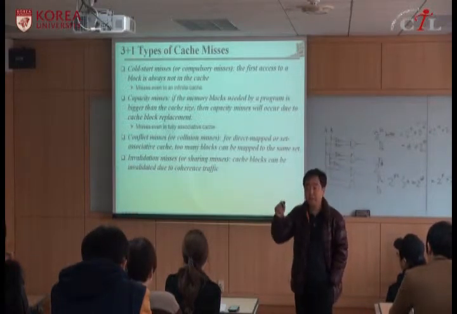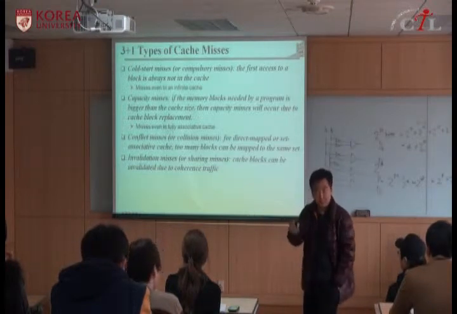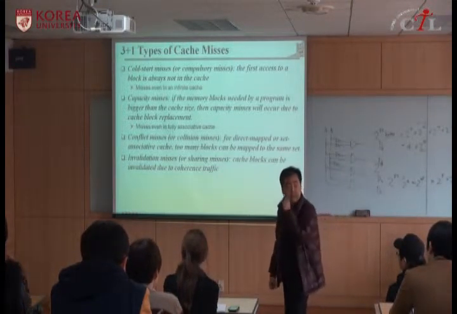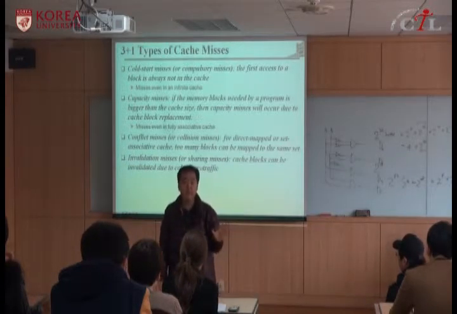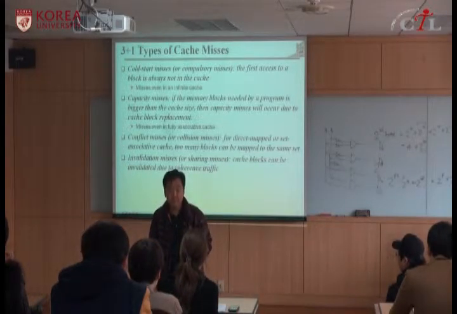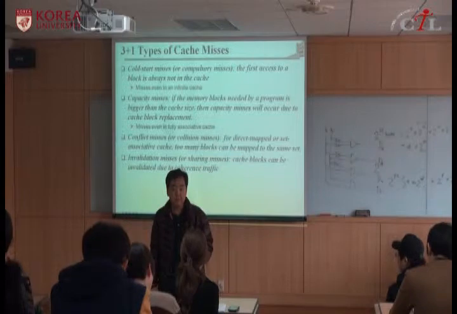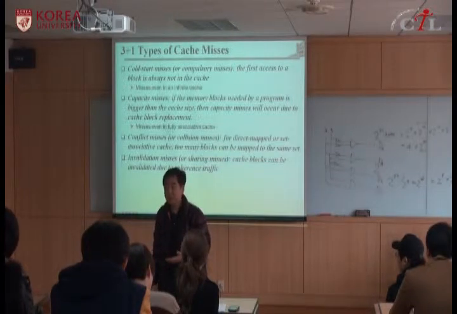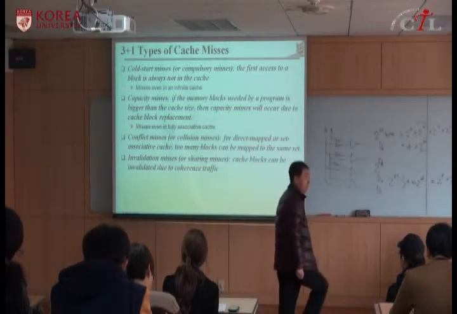Once you bring in a new memory block into the cache, they mark it valid. But sometimes the cache block needs to be invalidated because of sharing or coherence issues. And this can occur for uniprocessors and also for multiprocessors, because this is called the cache coherence issue.